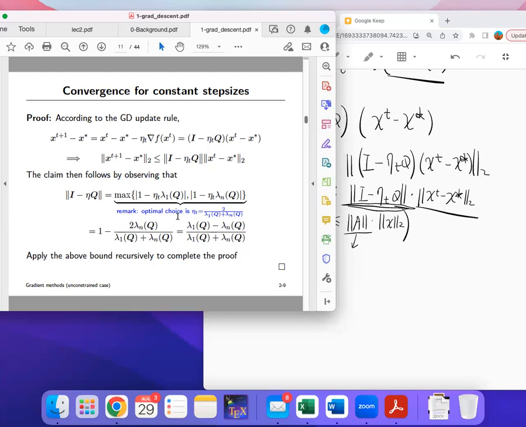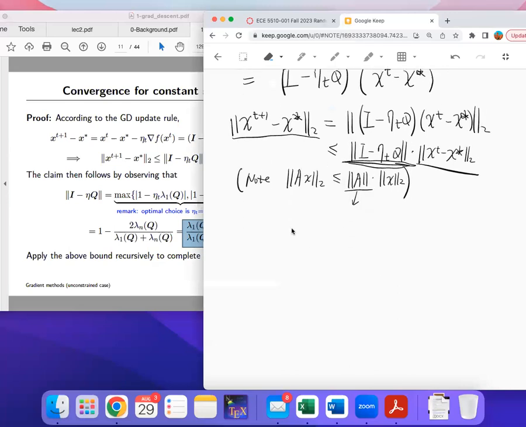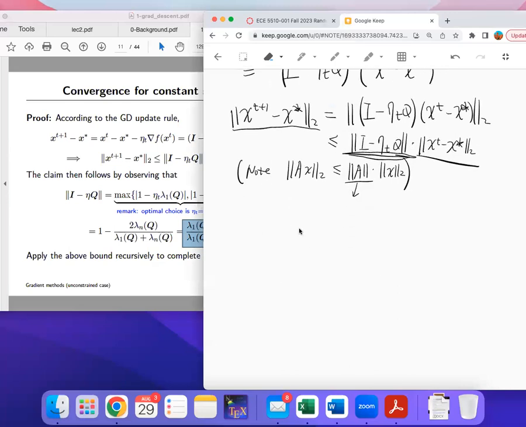But in the end, once you plug in the entire spectrum norm, it equals this one. This is a very classical result. So this one will be less than or equal to (lambda 1 minus lambda n) over (lambda 1 plus lambda n).